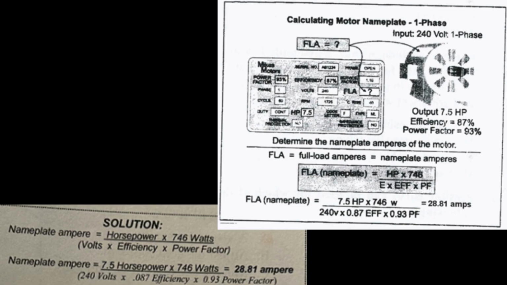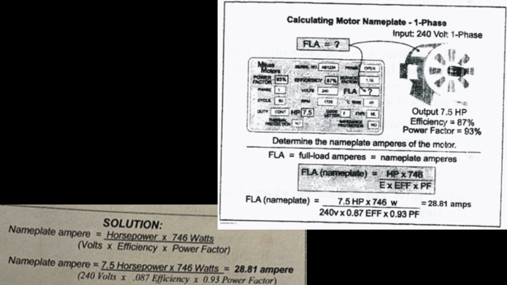Question 36. What is the nameplate ampere for a 7.5 HP motor rated for 240 volt single phase? Efficiency 87% and power factor 93%. Answer: 29 amperes.